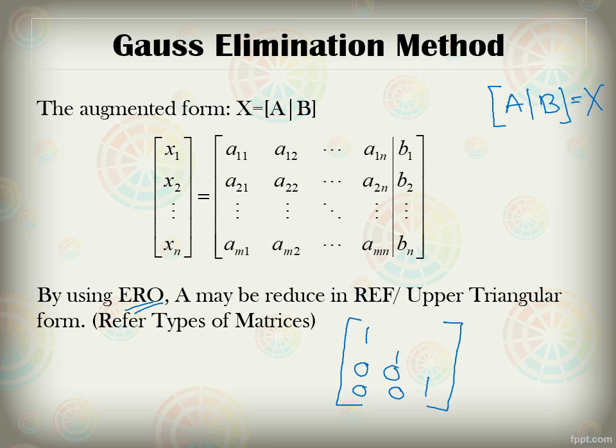Okay, this is REF form. The bottom part elements are all 0, and you have a diagonal 1. That is REF.